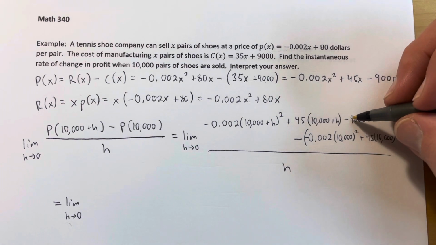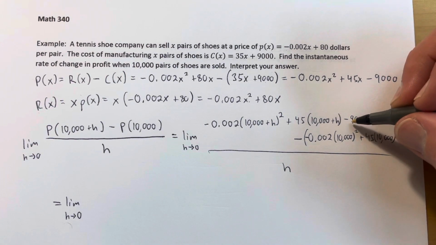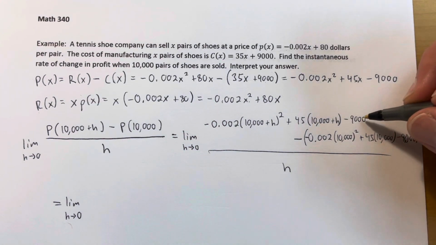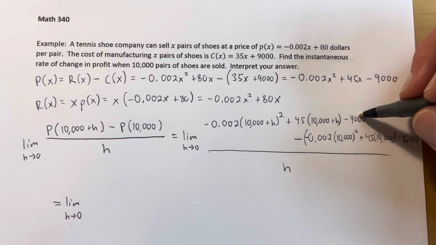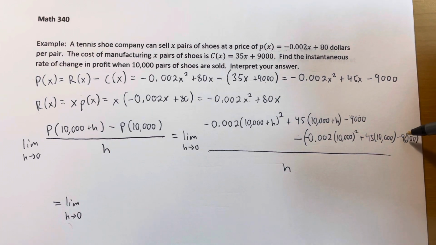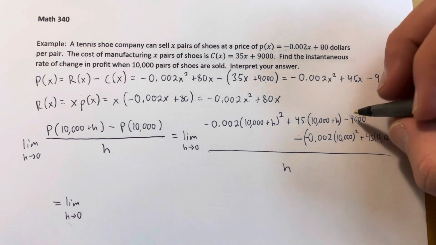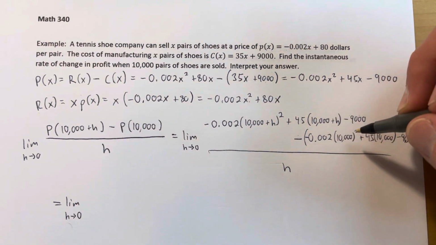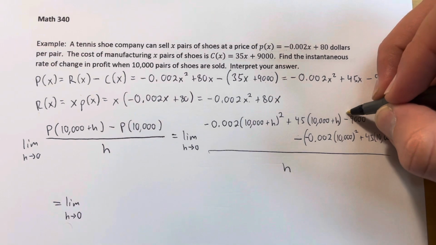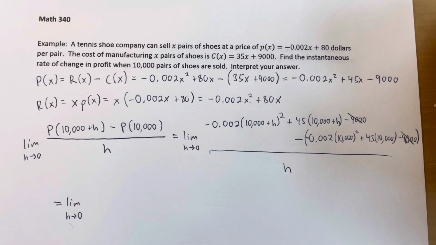And up here, I have the same constant term showing up in two places. I have one here and one here, but I'm subtracting those. So this negative 9,000 and this negative 9,000 will cancel when I subtract them. So rather than multiply things out and get all the constants added up, I can right away see that those will cancel out.